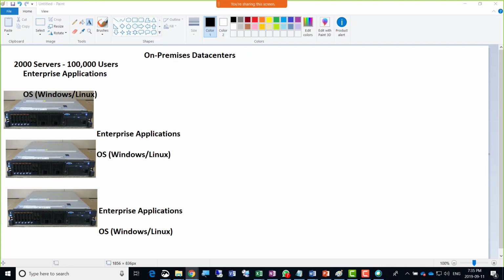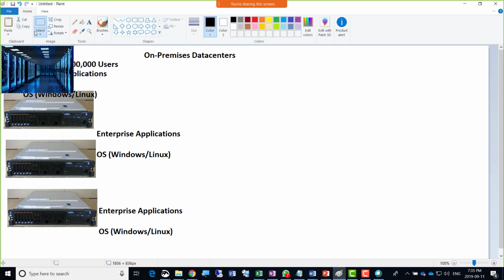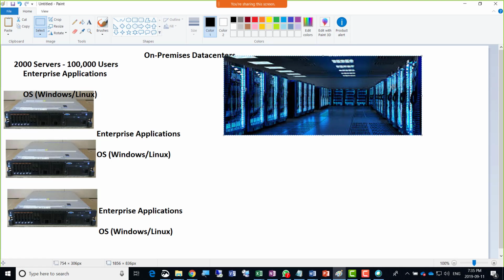When it comes to cost, first of all, how does a data center look from the inside? Many of you have seen that too, and there are many diagrams. So if I drag one diagram here, the data centers would look like this, where there are rows and rows and rows of servers after servers, and there you would have all kinds of enterprise applications.